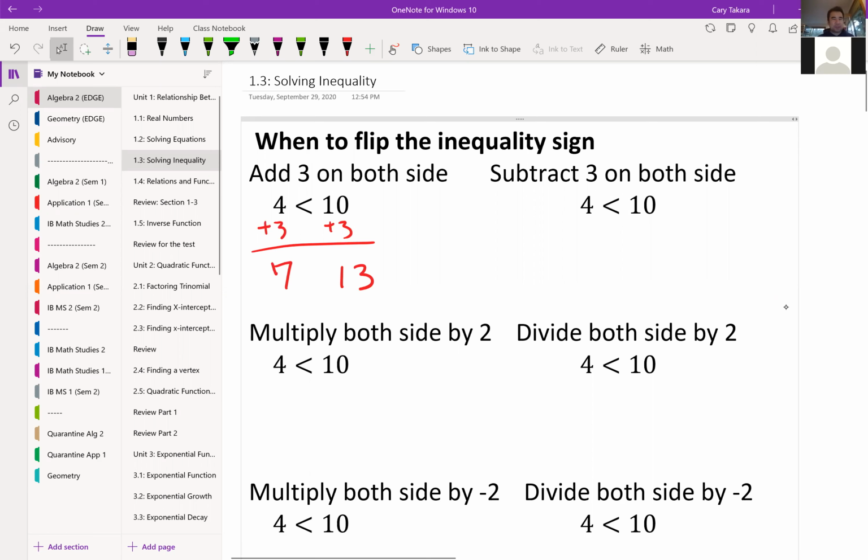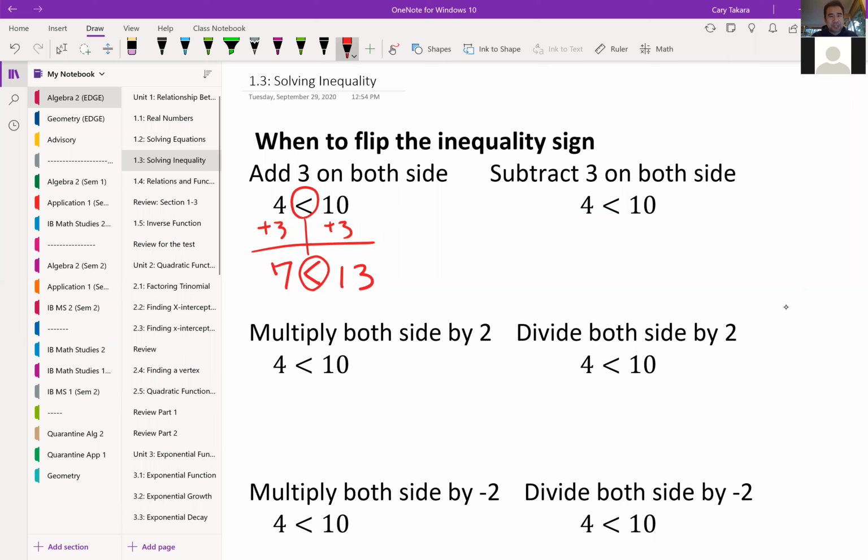Now, which side is bigger? Well, 13 is bigger, right? The point I want to make is that by adding or subtracting a number from both sides, the inequality sign stays the same.